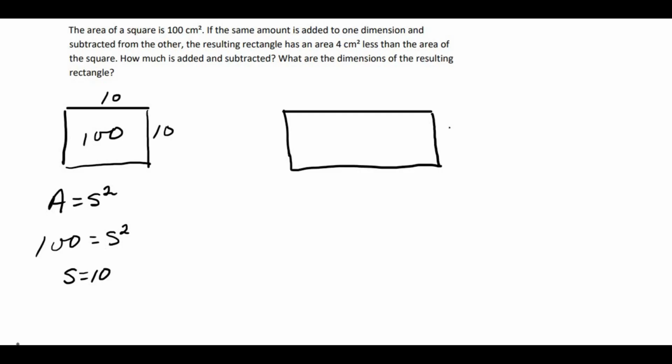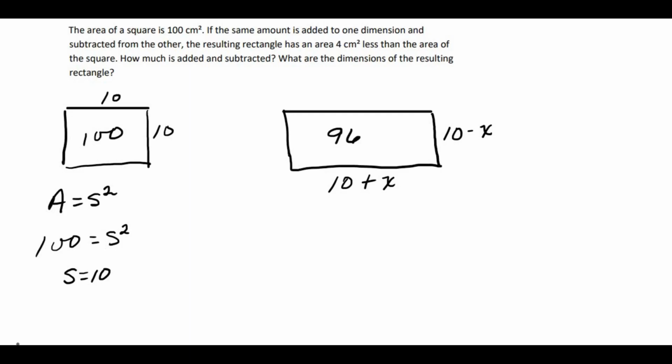To one side, I'm going to subtract some number, and to the other side, I'm going to add that same number. So I get a rectangle whose dimensions are 10 minus x and 10 plus x. And I know the area is 4 less than the square, so my area is 96.